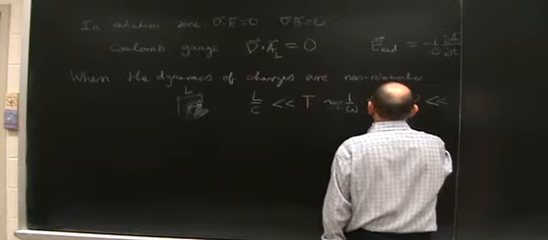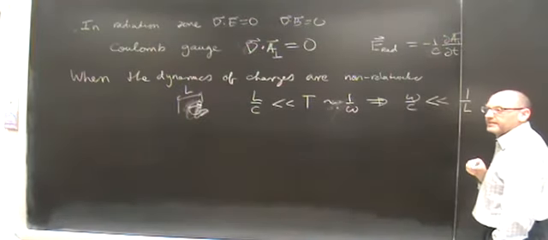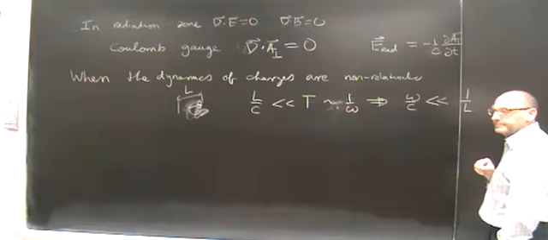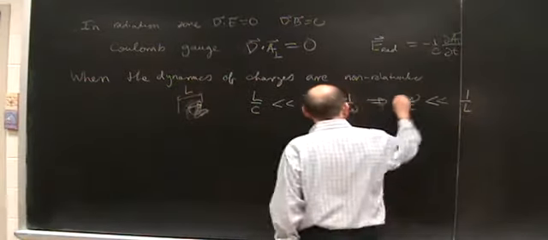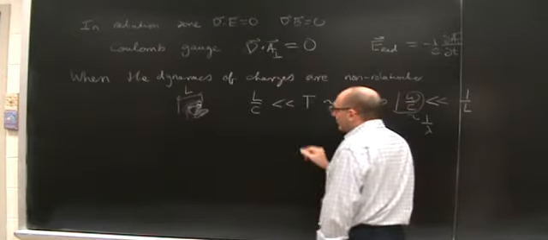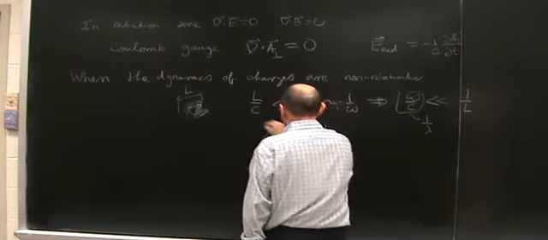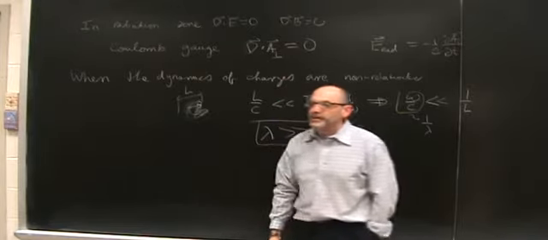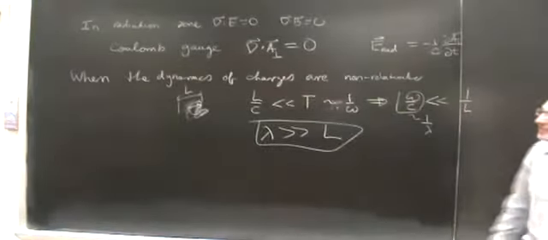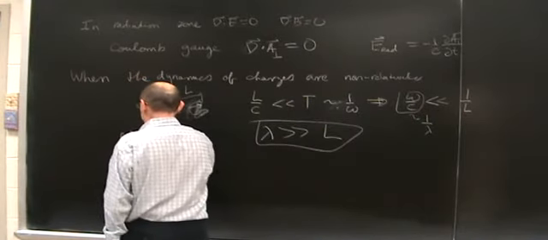No, that's right. Much less than 1 over the size, which is another way of saying that this is proportional to 1 over lambda, which is to say that lambda is huge compared. When that is the case, then we can make the multipole expansion.